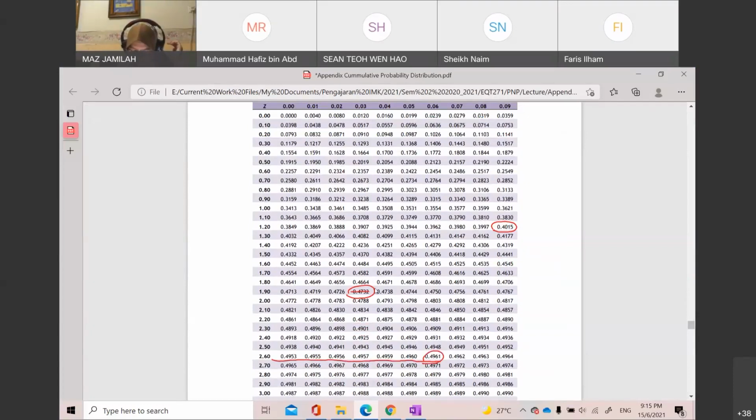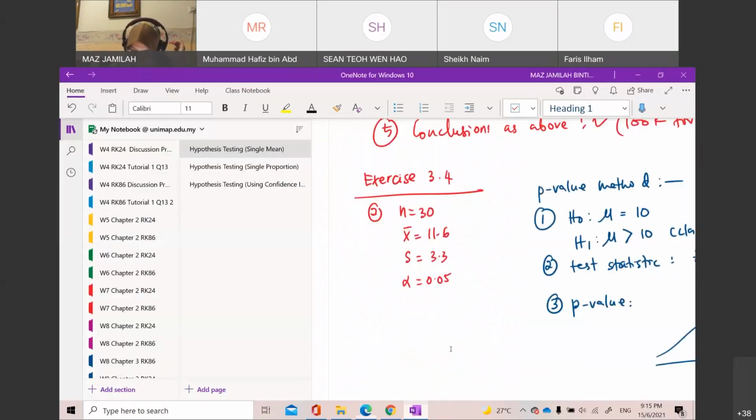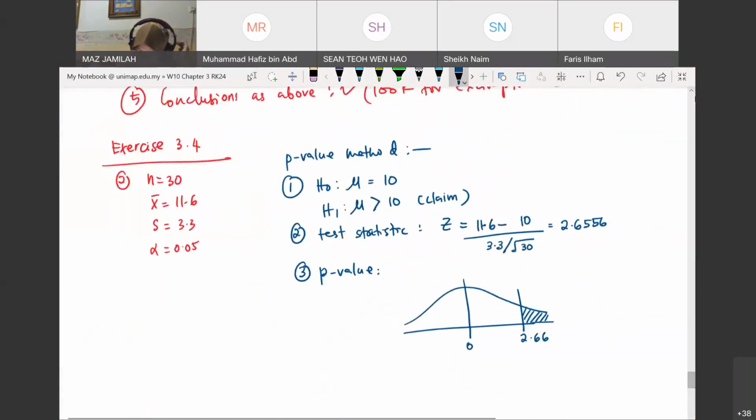Okay, so you get 0.4961. So my p-value is equal to 0.5 minus 0.4961, which is equal to what? Is it 0.0039? Is it correct? Okay, yes.